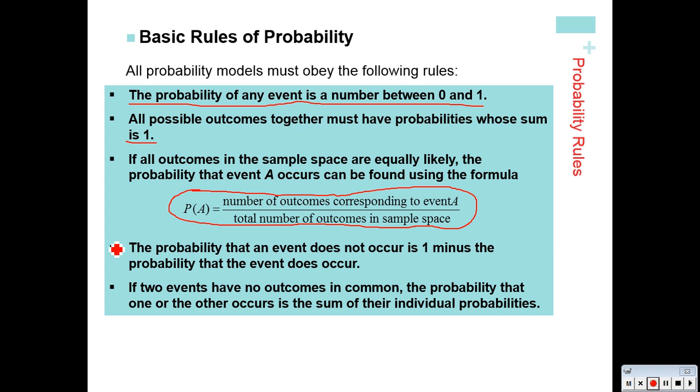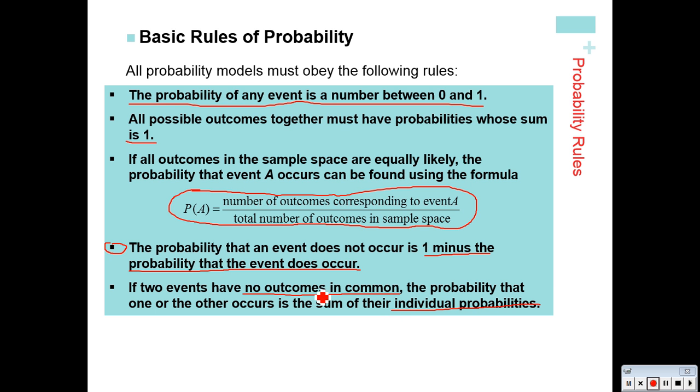This one here: the probability that an event does not occur is 1 minus the probability that the event does occur. That's referred to as the complement rule, you might want to make a note of this, which we'll talk more about later. And if two events have no outcomes in common, the probability that one or the other occurs is the sum of their individual probabilities.